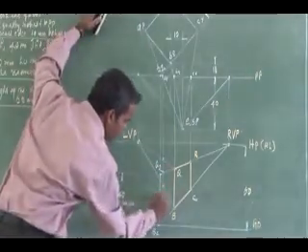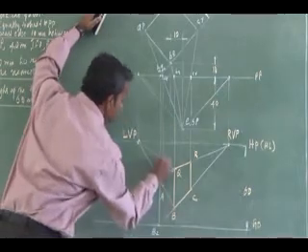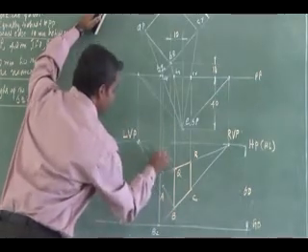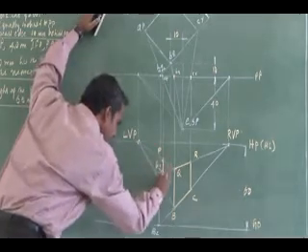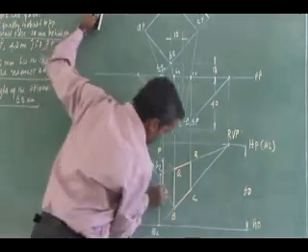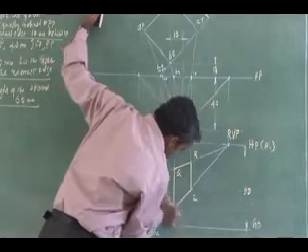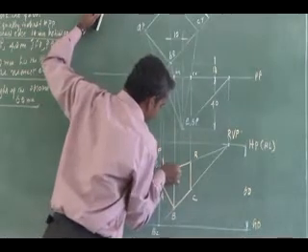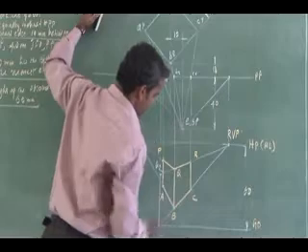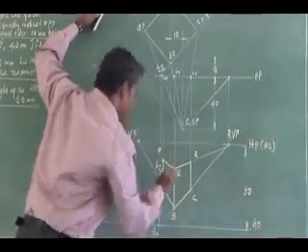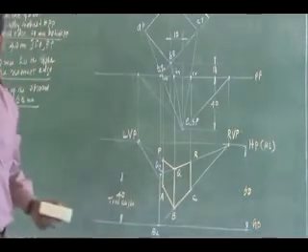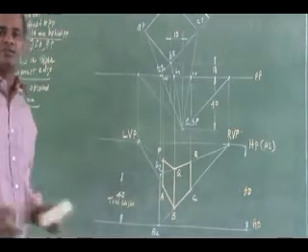This is going to be my A. This is my P. Right. This is the edge AP, and this is the face vanishing to the left side, ABQP. Right. So two faces I have got, which are vanishing to the right side and left side.